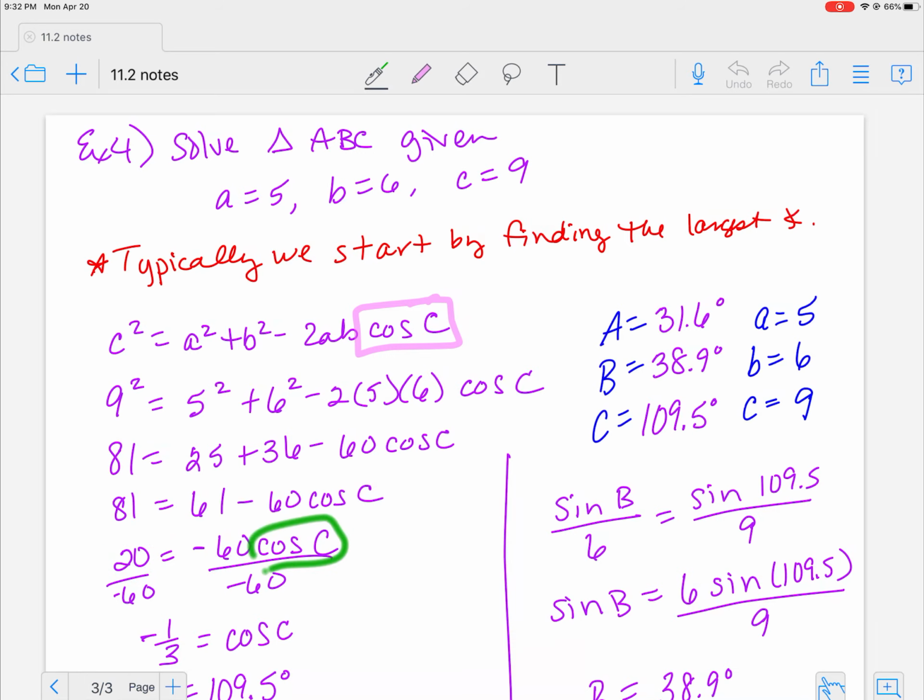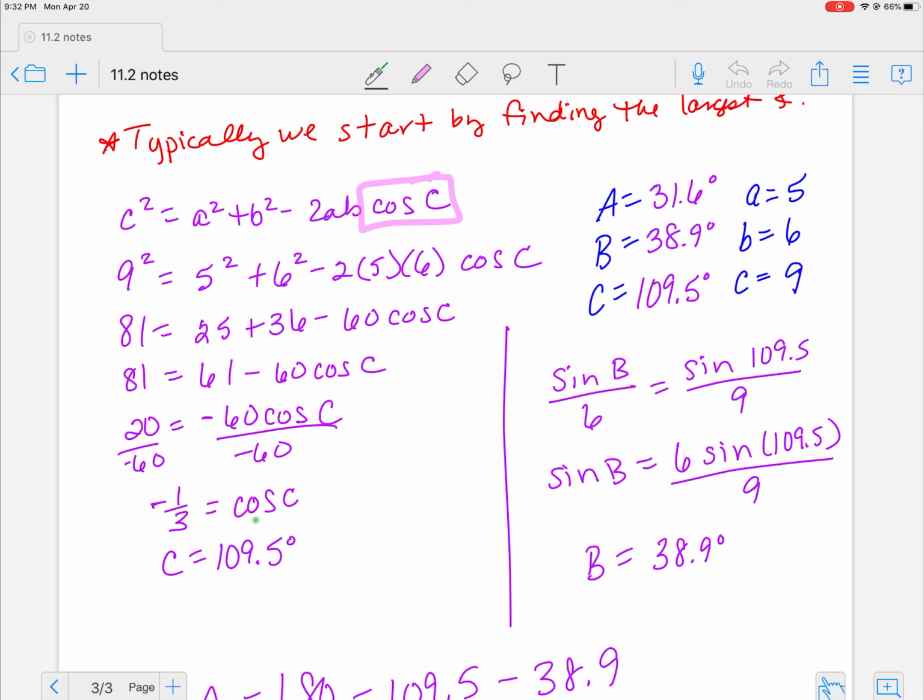Divide both sides by negative 60 because I have to get this cosine by itself. And I have cosine of C is equal to negative 1/3. Still between negative 1 and 1, right? Plug that into your calculator. Inverse cosine of negative 1/3 is going to be 109.5.